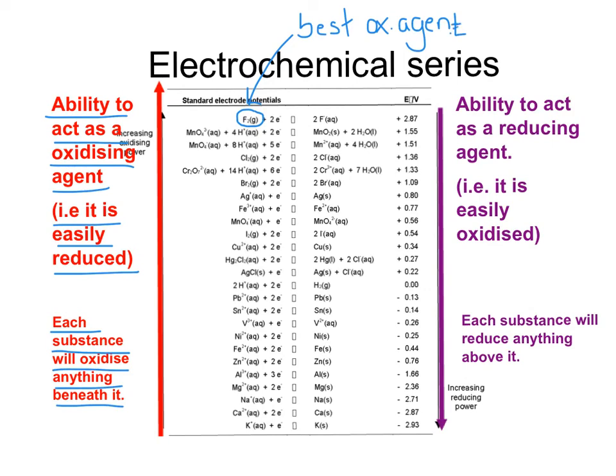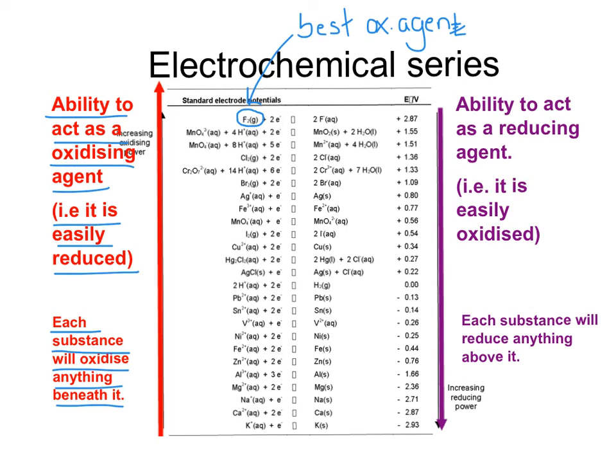Now if we go to the other side of the electrochemical series, so it makes sense therefore, that we can discuss it in terms of reducing agents as well. So if oxidizing ability is increasing as the electrode potential gets more positive, well, therefore then it makes sense that the ability to act as a reducing agent will increase as the electrode potential gets more negative.